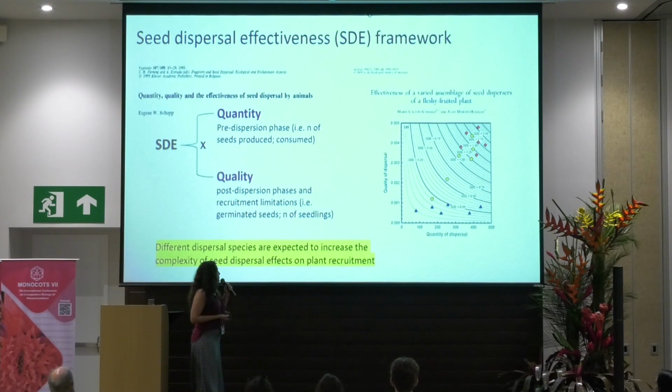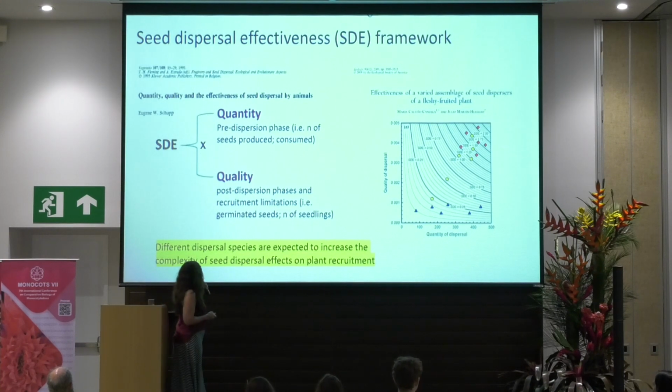So thinking about that, we needed to compare and evaluate using the seed dispersal effectiveness framework. This is one way that we have to compare, for example, different types of dispersal groups represented here by the different types of signs.